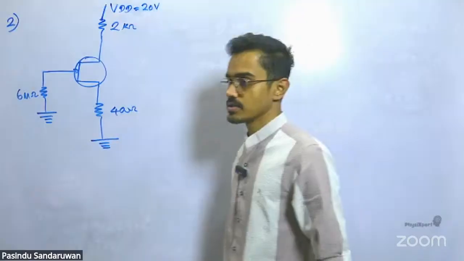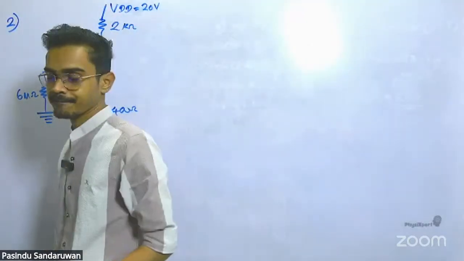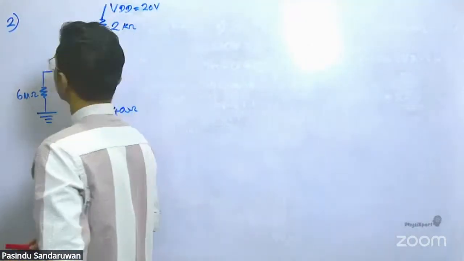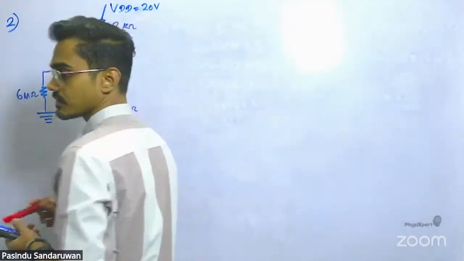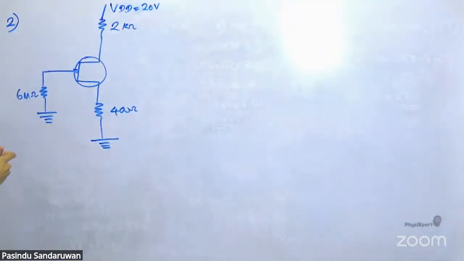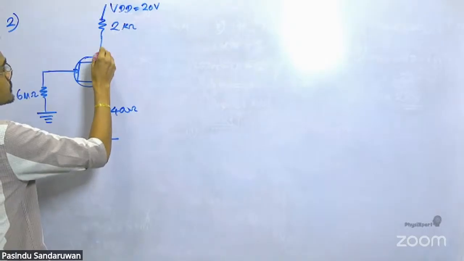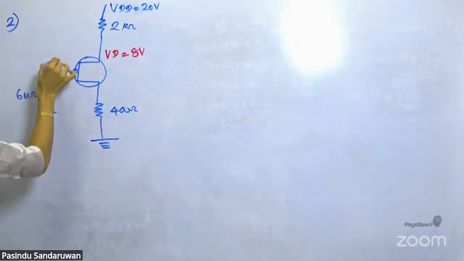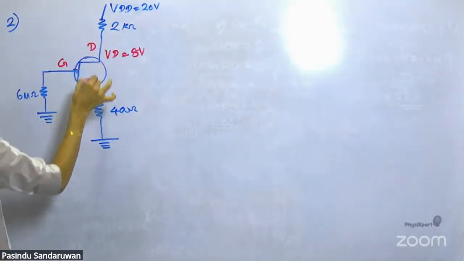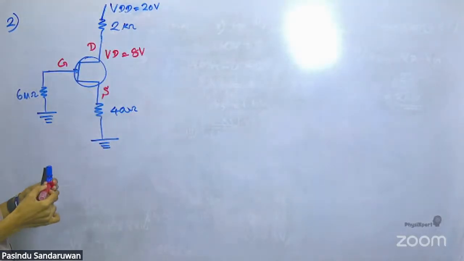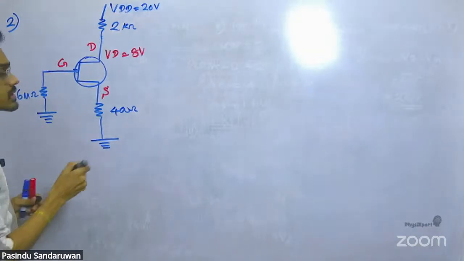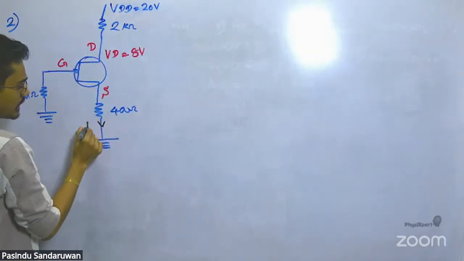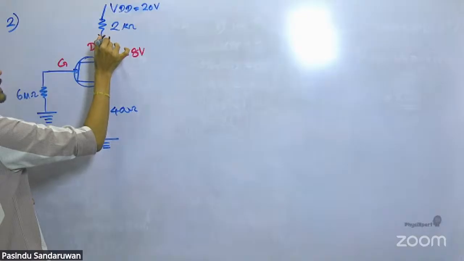VDD 20 volts, then 2 kilo ohms, 6 mega ohms, and VD is given 8 volts. So we know this is our gate, drain, and source. Mark current flows, IS, ID.